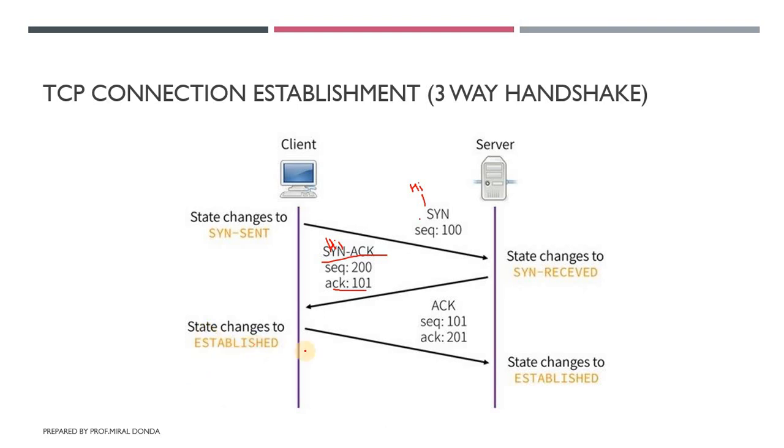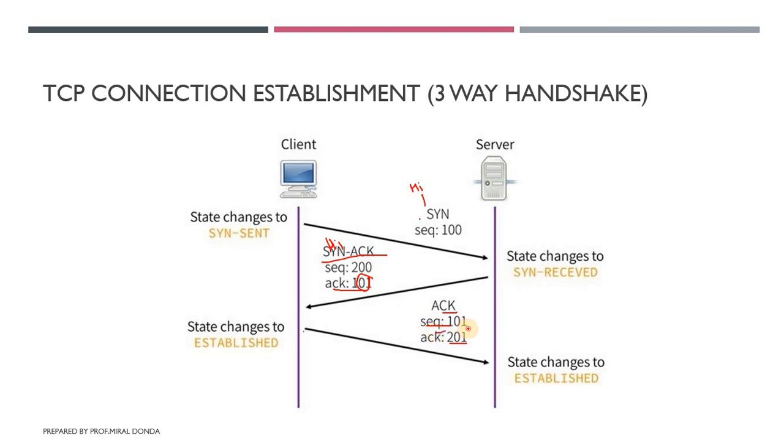Now the connection was established, so the client sends the acknowledgement to the server that yes, I received your message. Because the sequence number of the server is 200, it increases it by 1, so the sequence number becomes 201, and it provides the acknowledgement of 101's message.